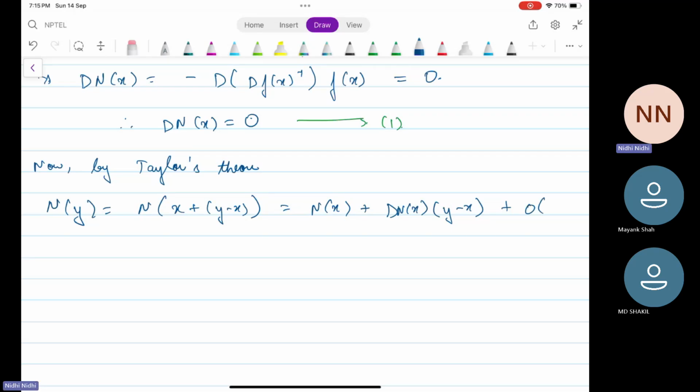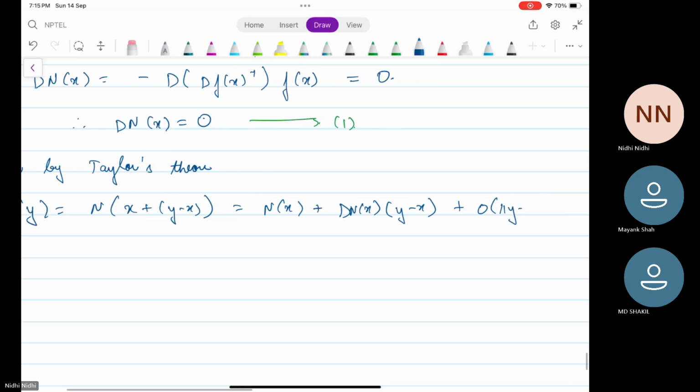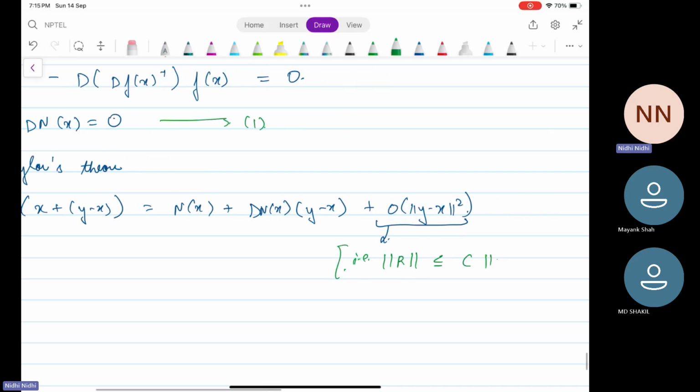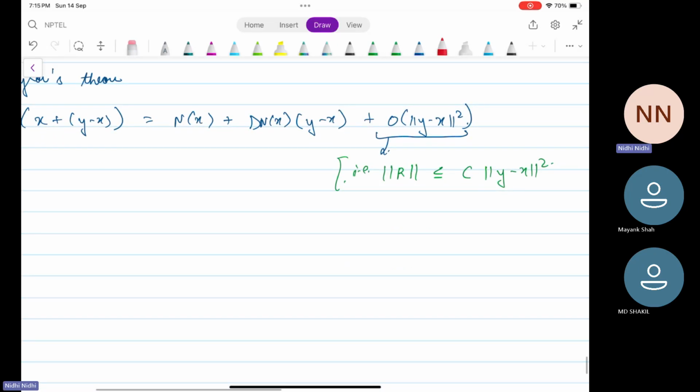I'll write that as big O of norm y minus x squared. This means that this remainder term, its norm is less than or equal to some constant times norm y minus x squared.